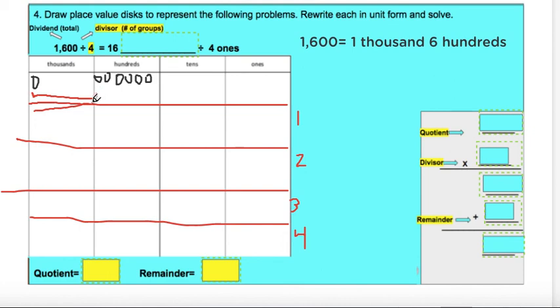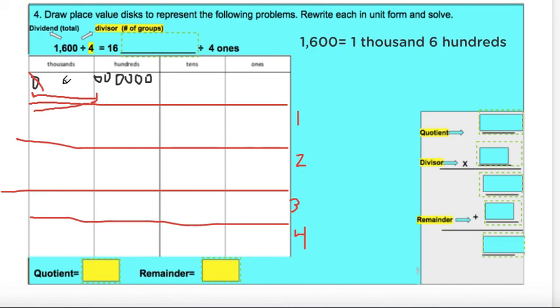If you said unbundle, you're absolutely correct. I'm unbundling. We need to figure out how many hundreds are inside of this 1,000. Let's count by 100 together until we get to the number 1,000. Hold those fingers up. Get ready. Go. 100, 200, 300, 400, 500, 600, 700, 800, 900, 1,000.